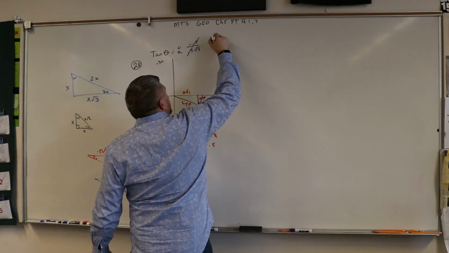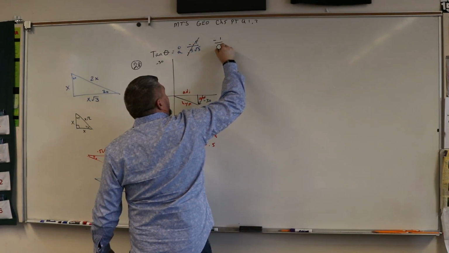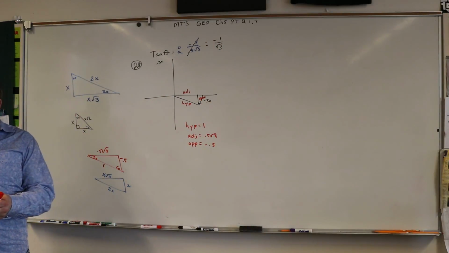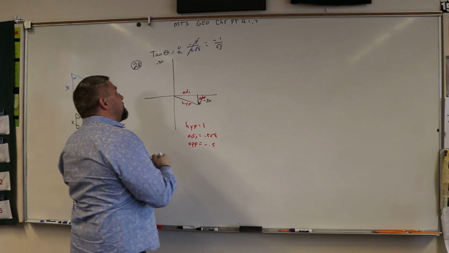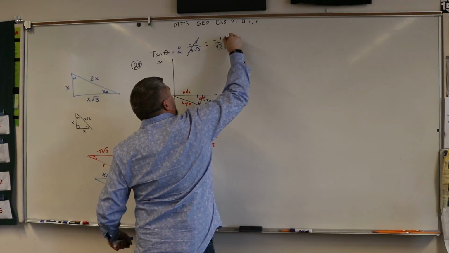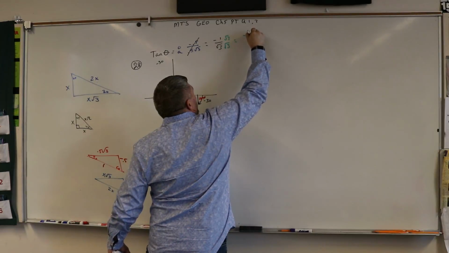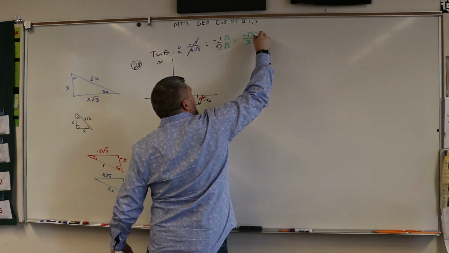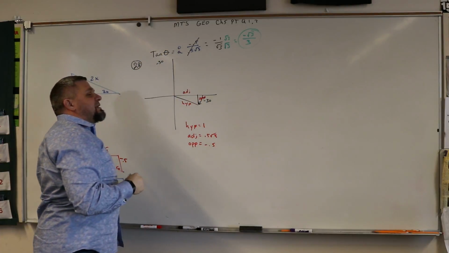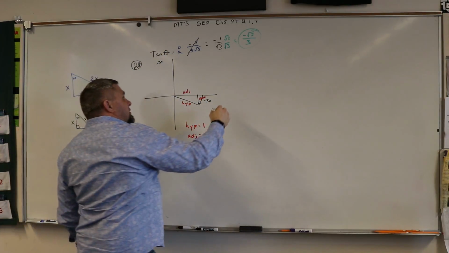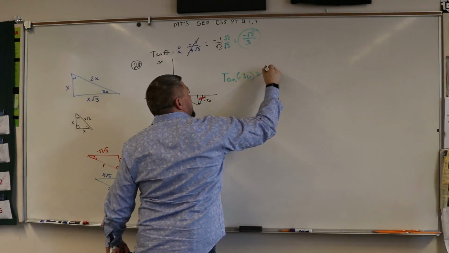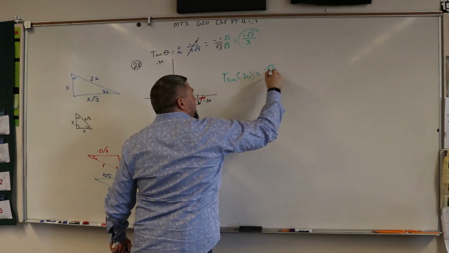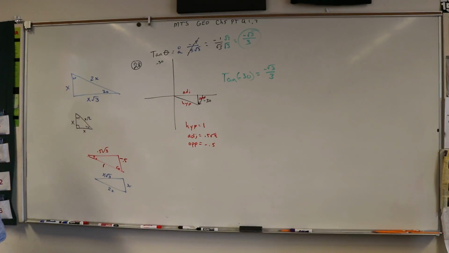So we have negative 1 over the square root of 3. But we can't have the square root of 3 in the bottom. So, multiplying by square root 3, we get negative square root 3 over 3. And that's what the tangent of negative 30 is. So the tangent of negative 30 is equal to negative square root 3 over 3. And that's doing it without a calculator. Okay?